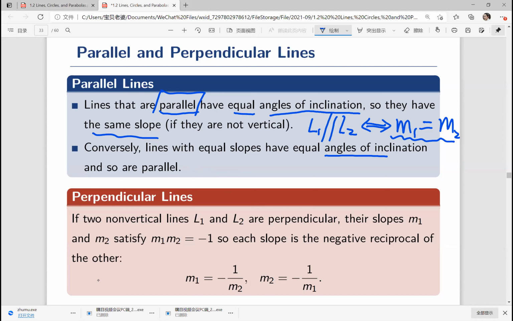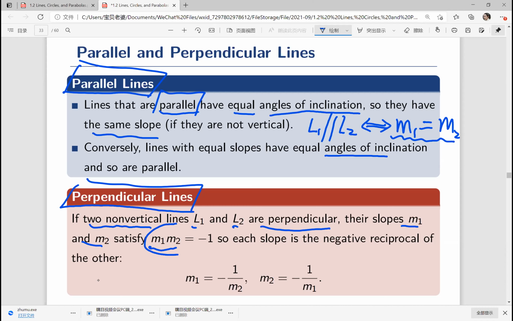Okay, these are the parallel lines, and then we study the perpendicular lines. Perpendicular lines means if two non-vertical lines L sub 1 and L sub 2 are perpendicular, then their slopes M sub 1 and M sub 2 satisfy M sub 1 multiplied by M sub 2 is equal to -1.